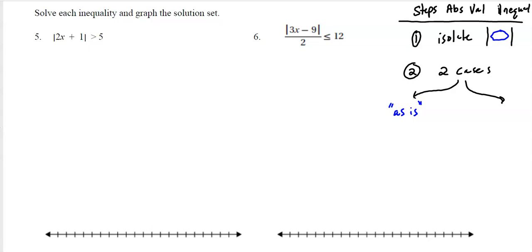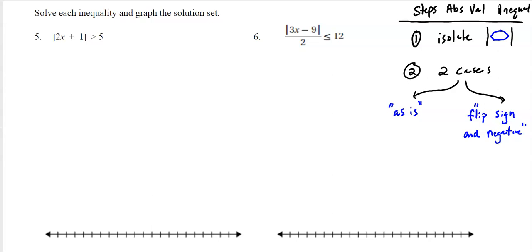The second case, like on the equations, we had to do one with just what the number was. The other had to be the negative. Well, on this one, it's going to be kind of like that. You have to actually flip the sign and make it negative. All right? So you got to do two things.